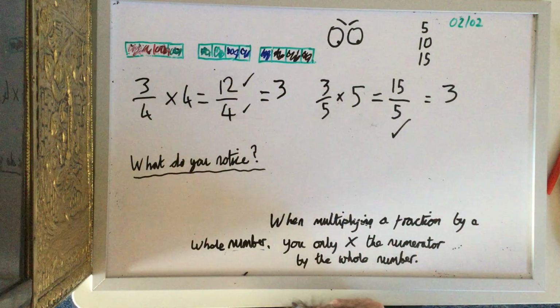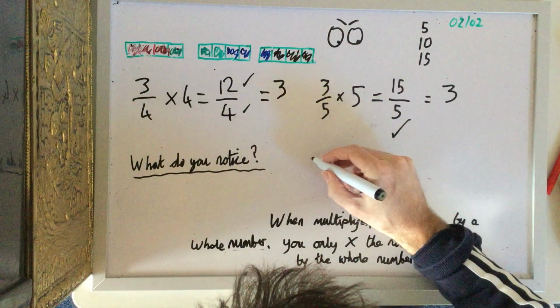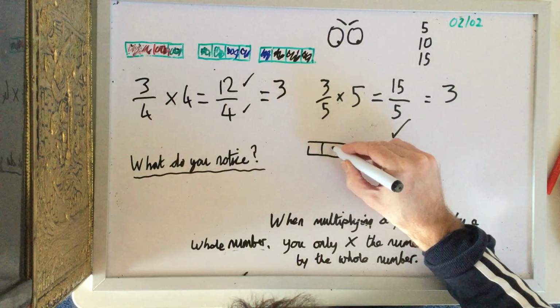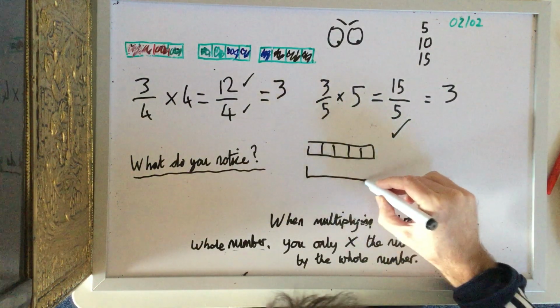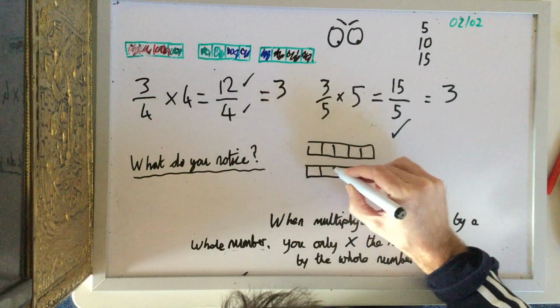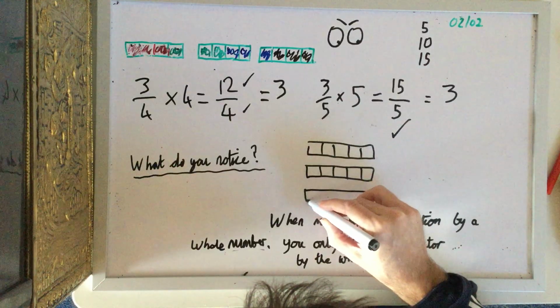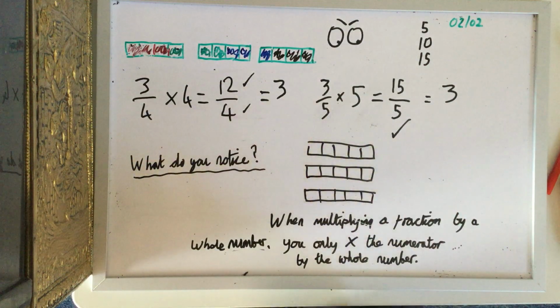Just to visualize that, if we draw 1, 2, 3 fifths, and again, we use these bar models a lot and it really helps our understanding, especially for fractions. They're brilliant for picturing and visualizing it.